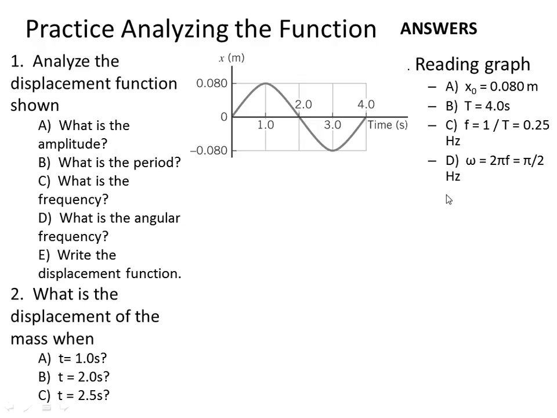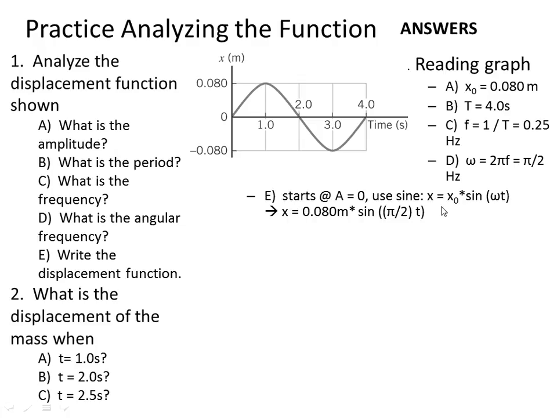All right, and so what's the displacement function going to be? Well, what type of graph is this? Is this sine or cosine? It's a sine graph. So we use x naught sine omega t, the lowercase t.